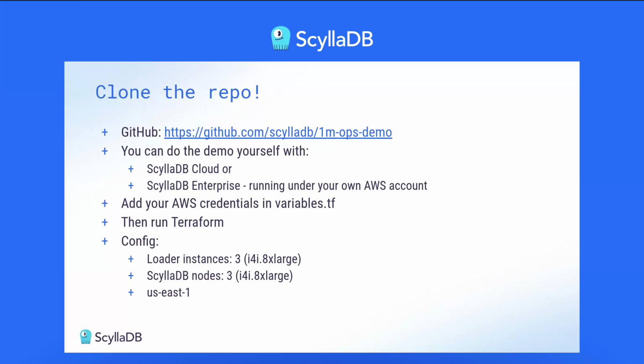You can either use ScyllaDB Cloud or you can use ScyllaDB Enterprise, in which case you will use your own AWS account to spin up a self-hosted version of ScyllaDB. Then you will need to add your credentials and configure Terraform, and you will be able to run your own benchmarks and see whether you like what ScyllaDB provides.